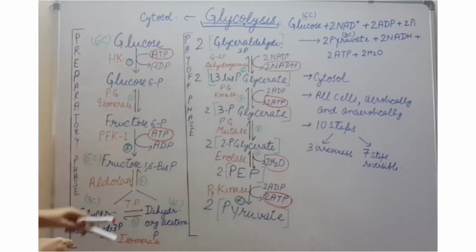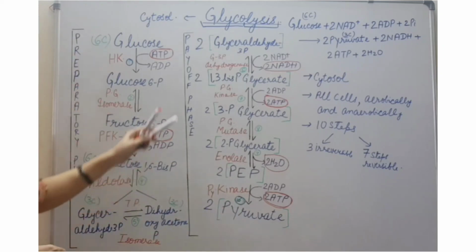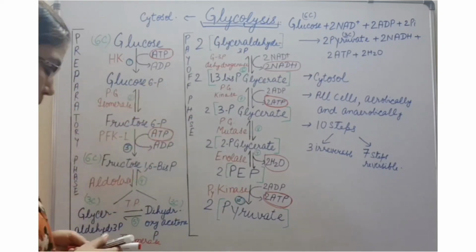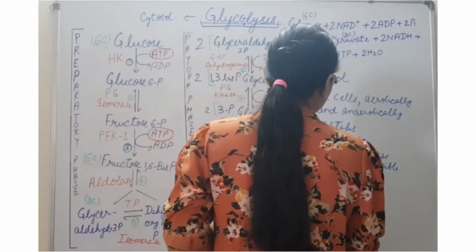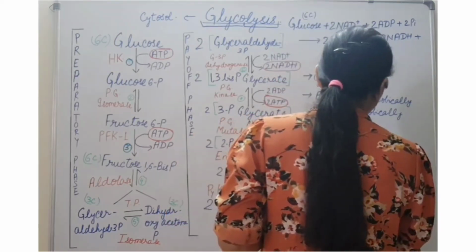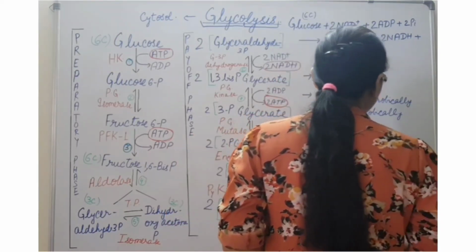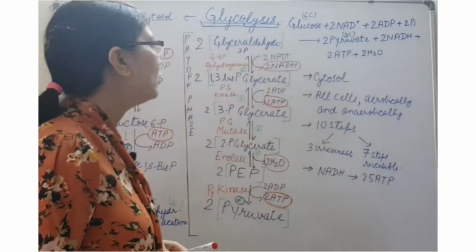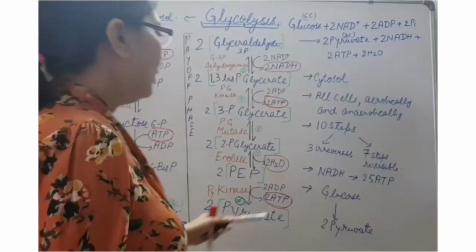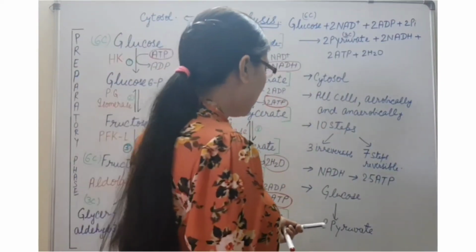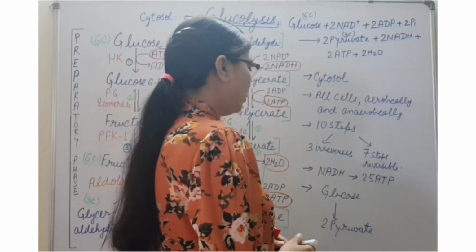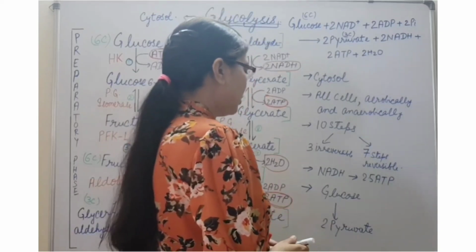So these are the irreversible steps. The rest of the steps are reversible. The NADH molecule that is obtained gives 2.5 ATP molecules in the electron transport chain through oxidative phosphorylation. Each molecule of glucose through glycolysis gives 2 pyruvate molecules. This is the partial oxidation.